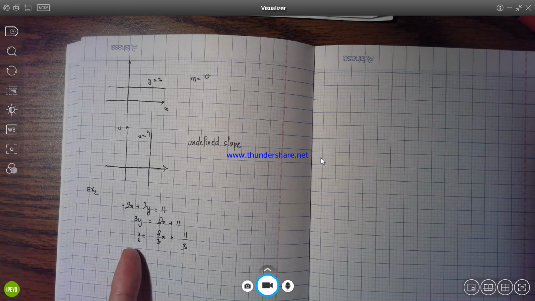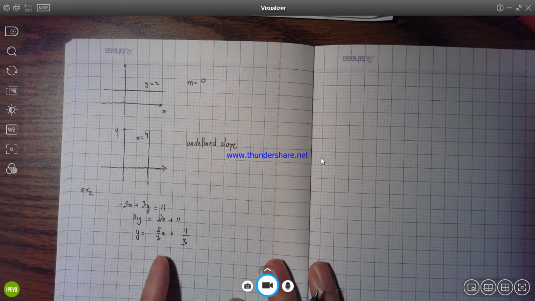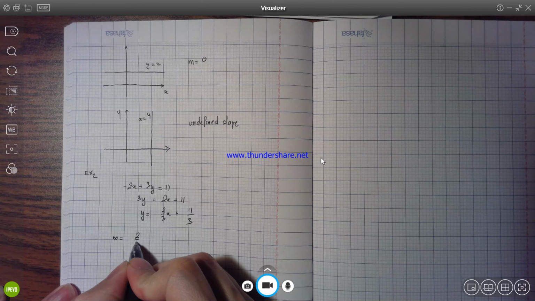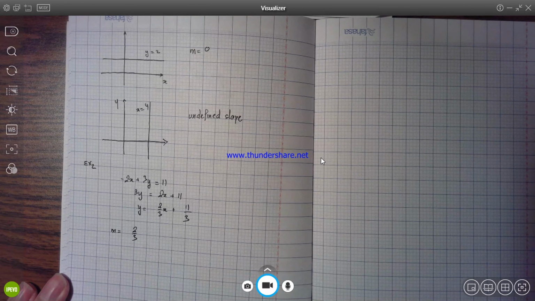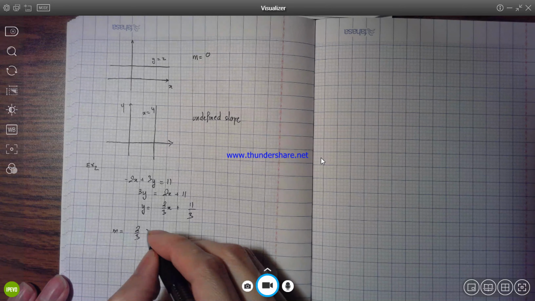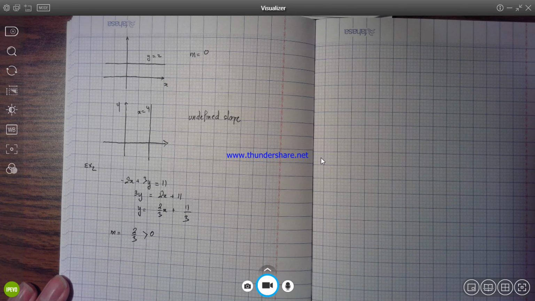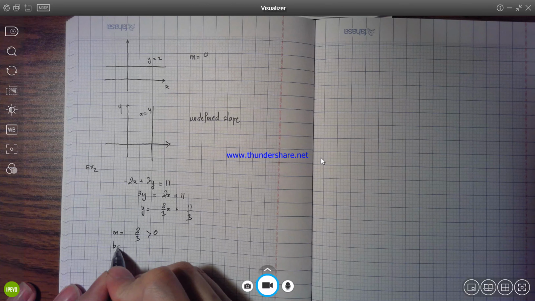It means that I can get the slope m to be 2 over 3. I know right away that because this is positive, if I graph this line, it's going upward.